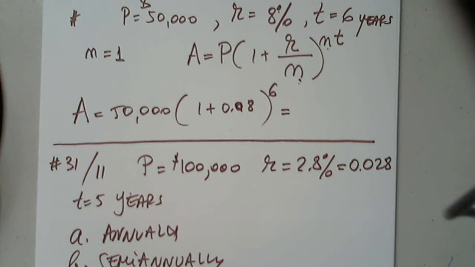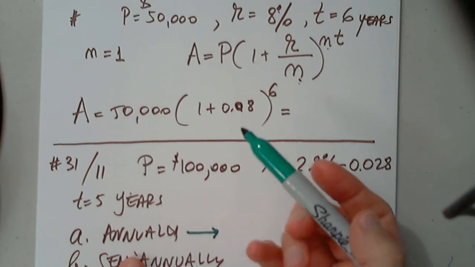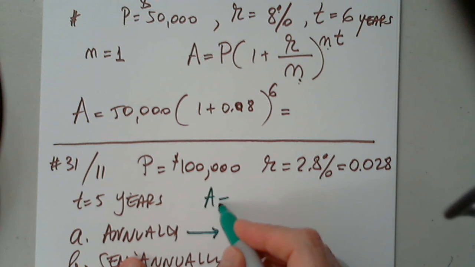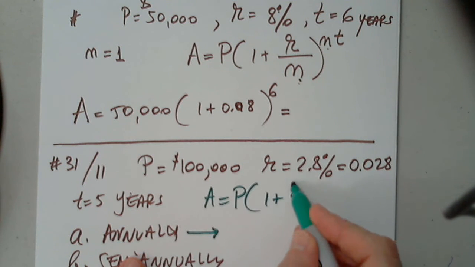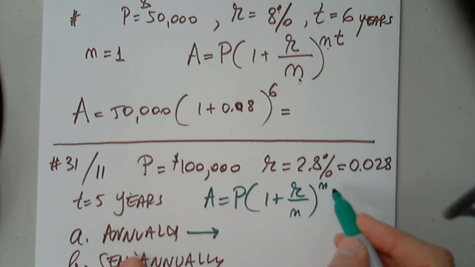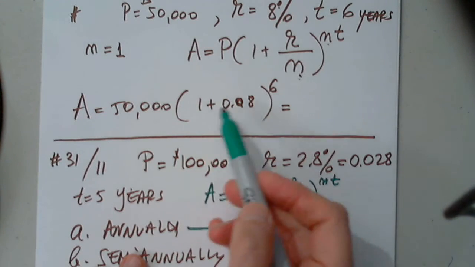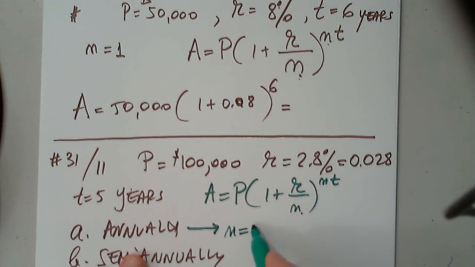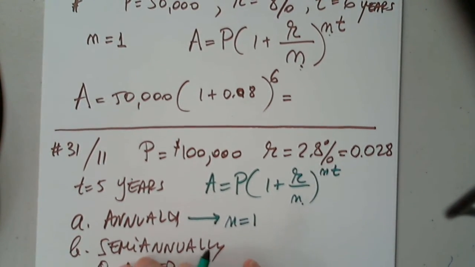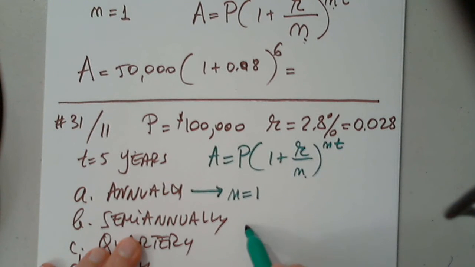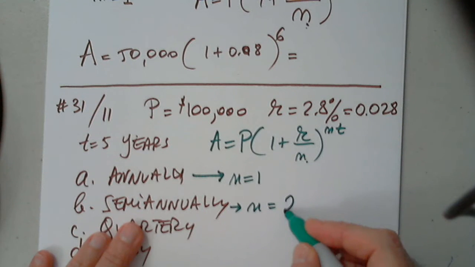Now, let's identify what annually means, because we know the formula. Let me write it again. A equals the principal, 1 plus R over N, raised to the power NT. Good. So annually means N equals 1, like in this problem. What does semi-annually mean? N equals 2.